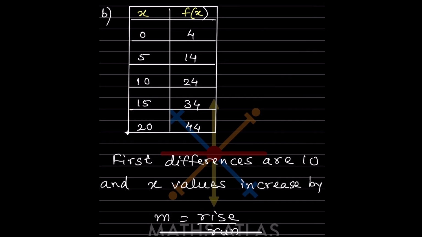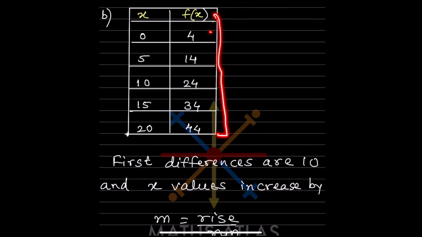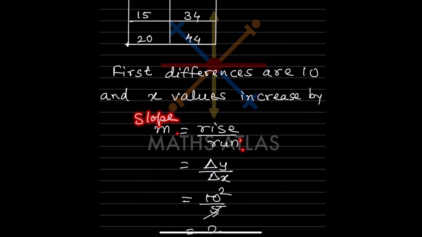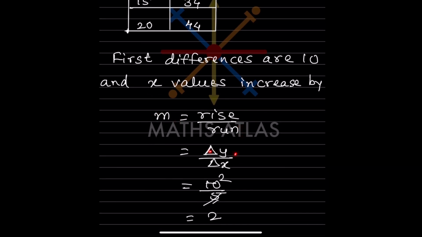This is called the first differences, which is 10, and the x values are increasing by 5. So now you have m. M is the slope, that is the rise over run, which we can also say as delta y by delta x.